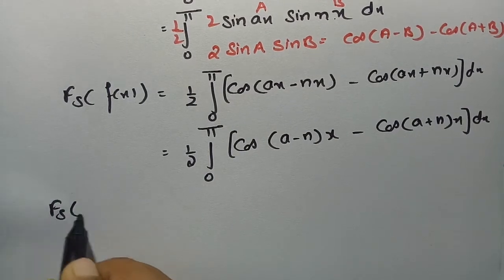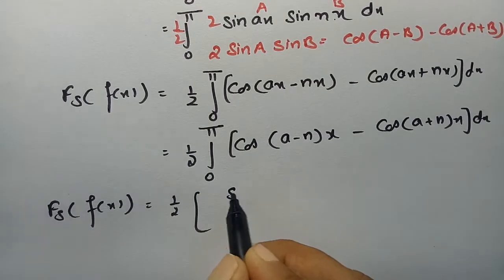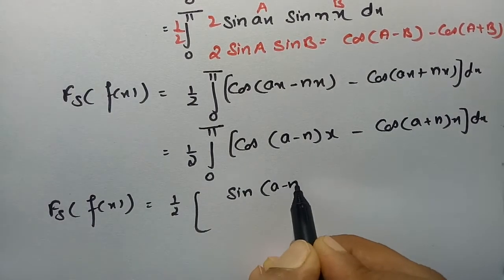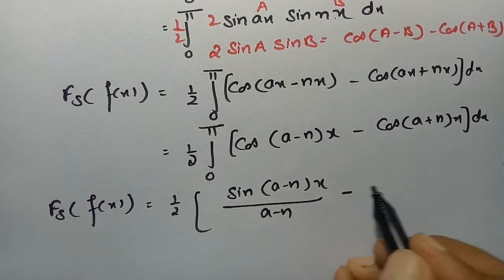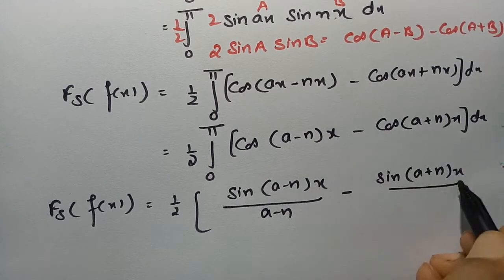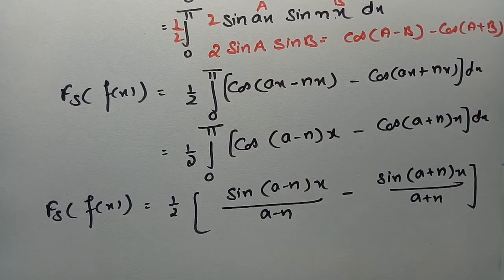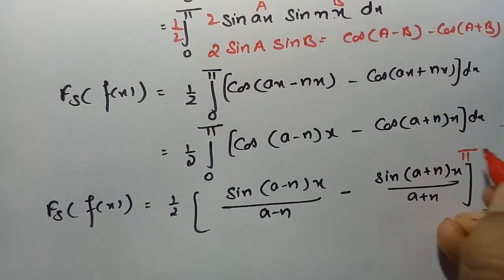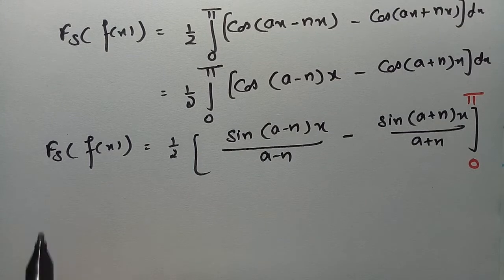So the Fourier sine transform of the function f of x is half times of sine of a minus n into x by a minus n, minus sine of a plus n into x by a plus n, between the limits 0 to pi. So the upper limit is pi and the lower limit is 0.